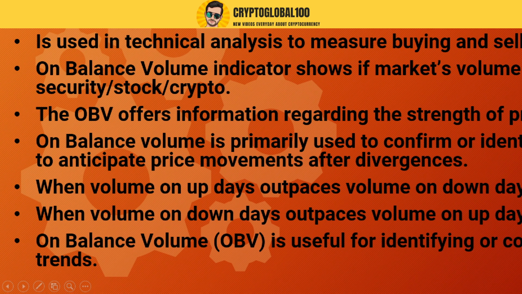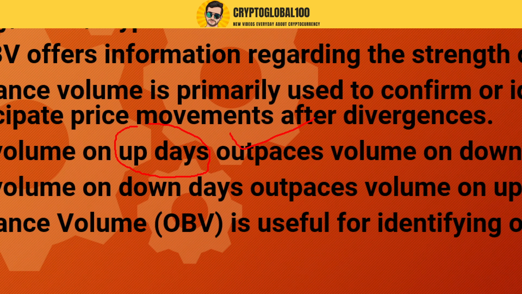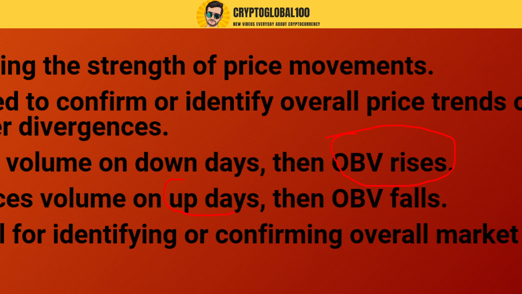Next, we're going to take a look at the examples as well. When the volume on up days, where the price is going up, outpaces the volume on the down days, the OBV rises. On the other side, when the volume on down days outpaces the volume on up days, then OBV falls.